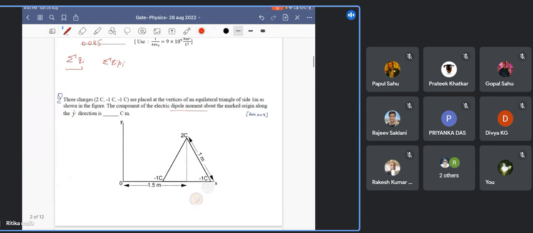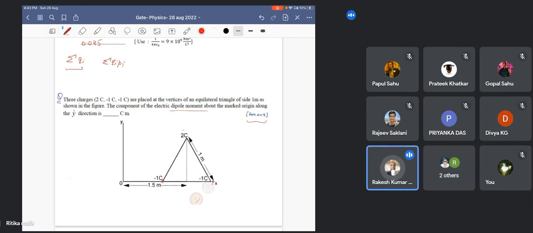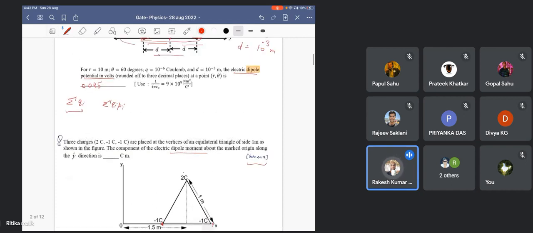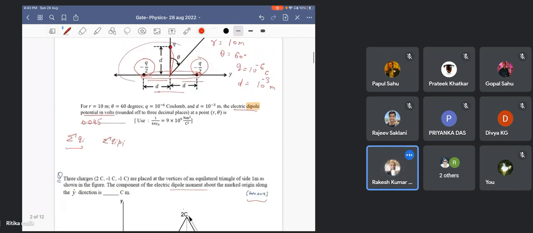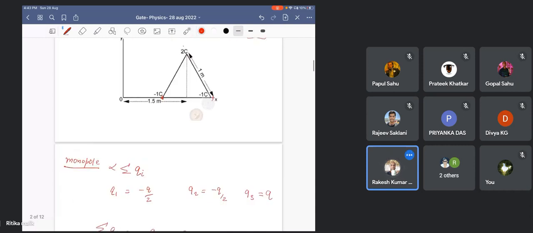The same question also came in GATE 2017, where a three-charge combination is given: 2 coulomb, minus 1 coulomb, and minus 1 coulomb. So you have taken potential equal to 1 by r cube, but that should be r squared.